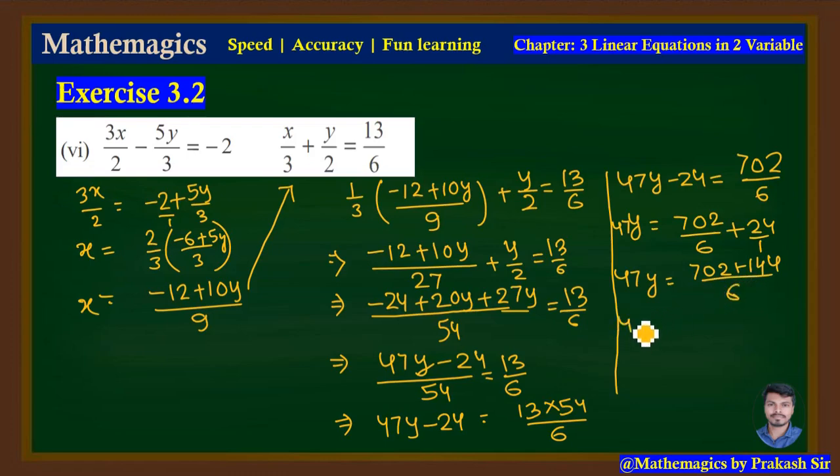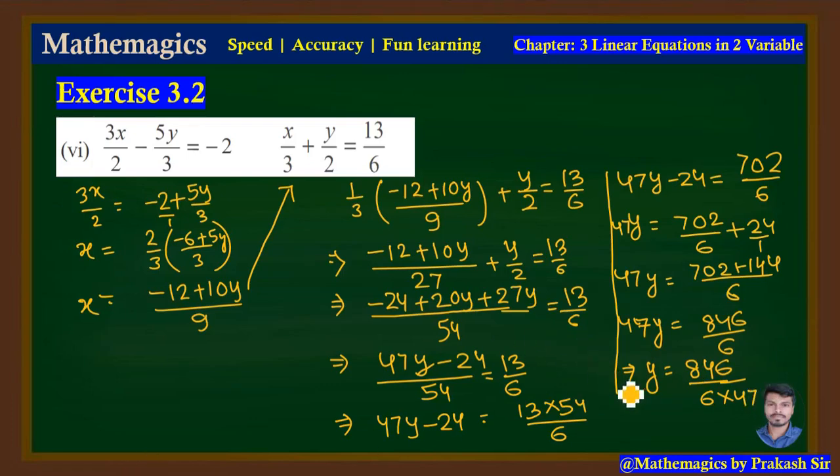Now 47y is equal to 846 divided by 6. Finally, the last step is y is equal to 846 divided by 6, and here 47 is multiplied. This side it will come and it will divide. So I'm just writing divided by 47.